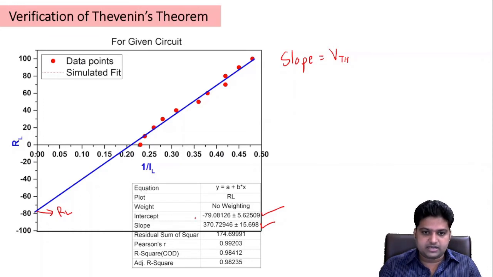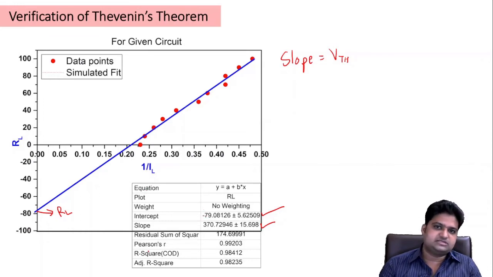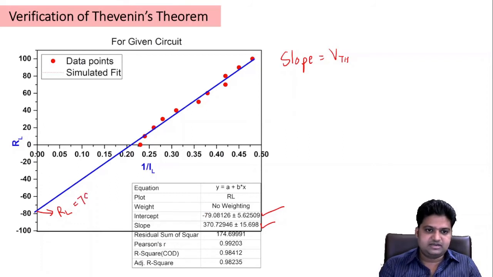So what did we get? RL over here is negative because it is intercepting on the negative side, so you can simply write 79 ohms. And the slope is 370, that is VTH is 370.